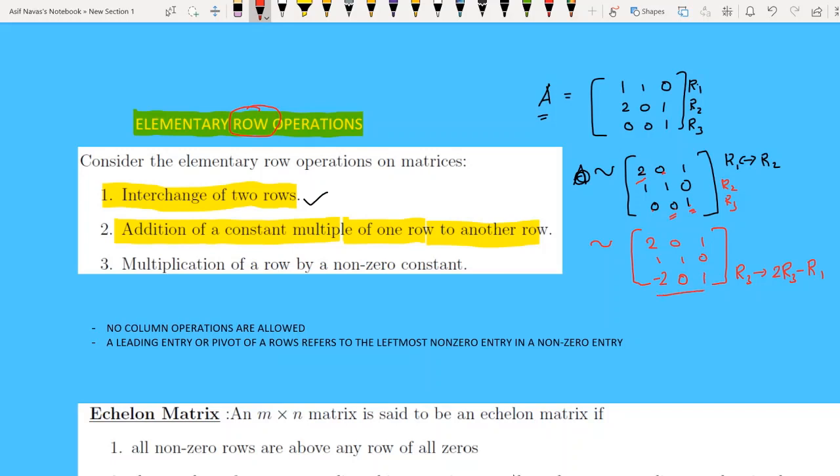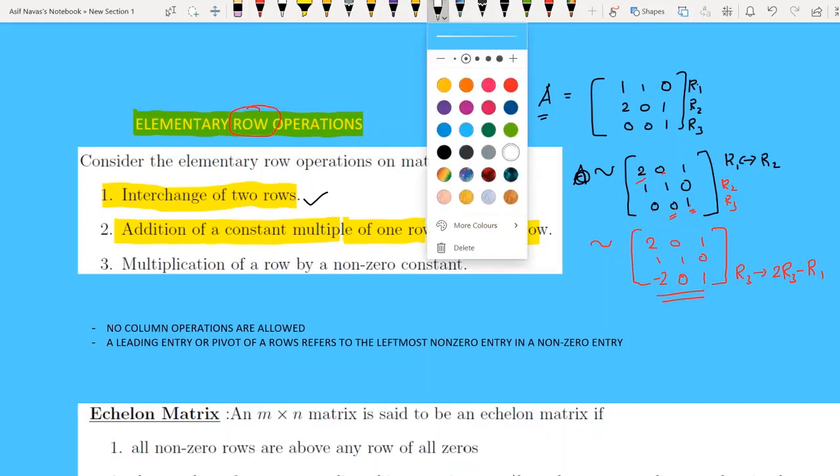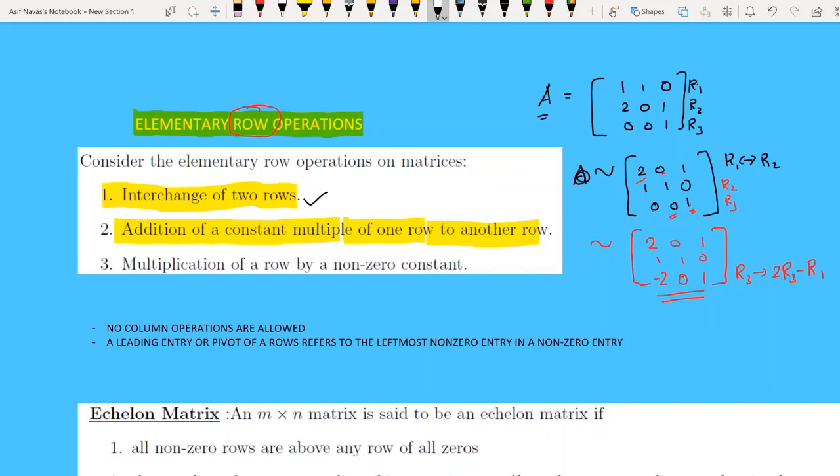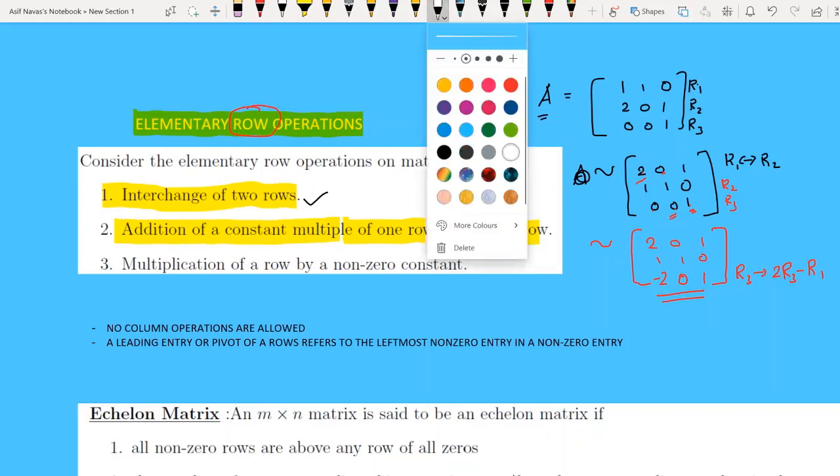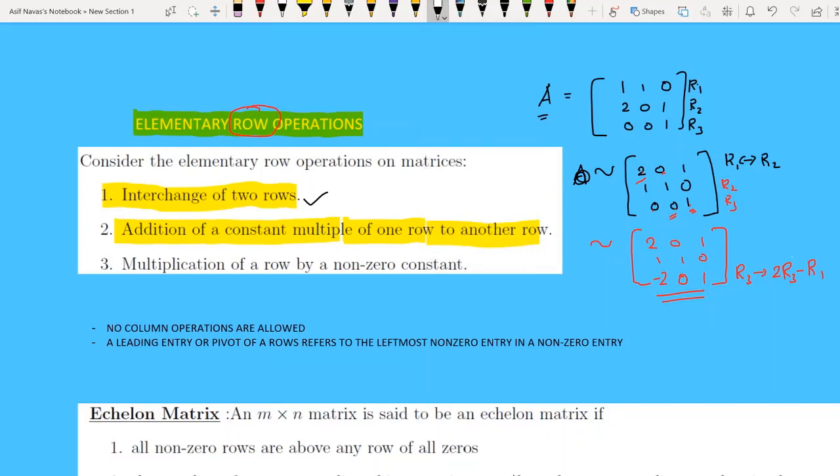So our R3 changed into this form. So this means a constant multiple: 2 into the third row minus the first row. So that is also an elementary row operation.